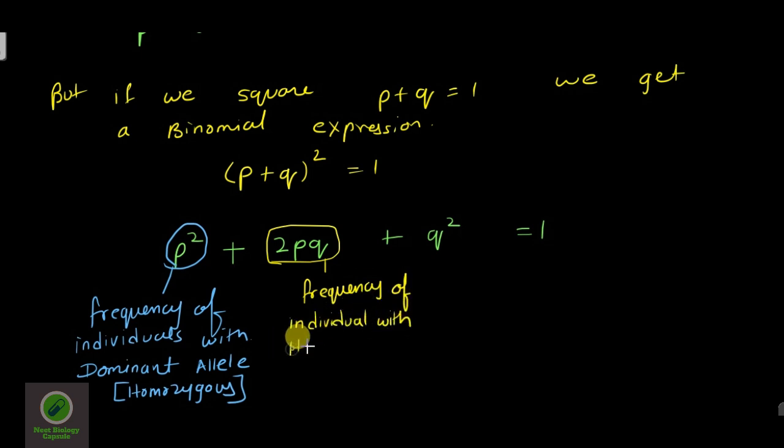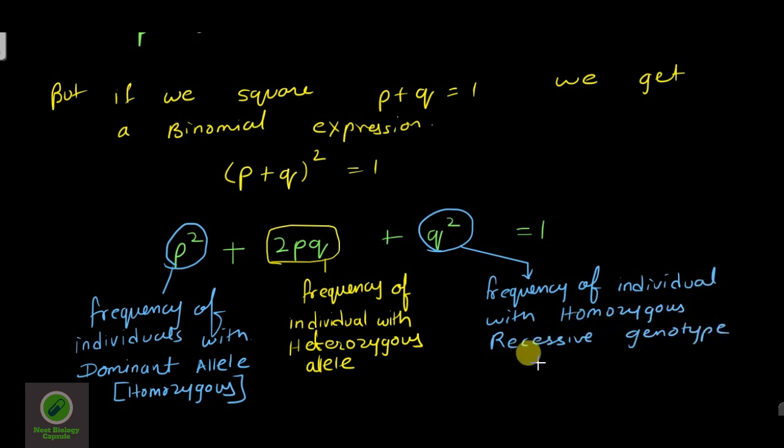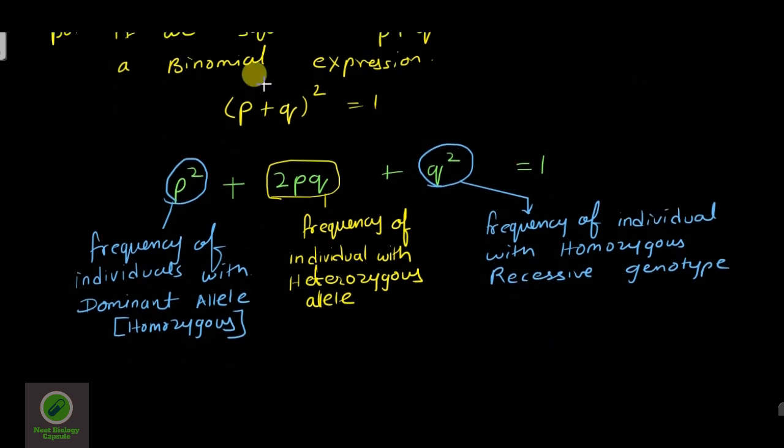Similarly, 2pq is the frequency of persons and not of the individual allele. Likewise, q square also represents the frequency of persons which have the recessive allele. And even that equals 1.